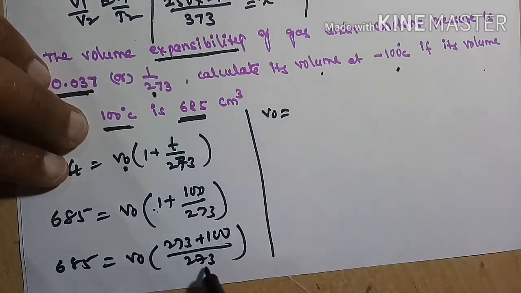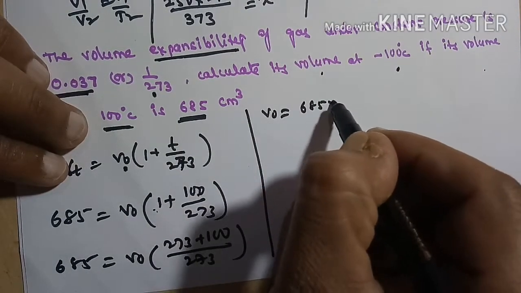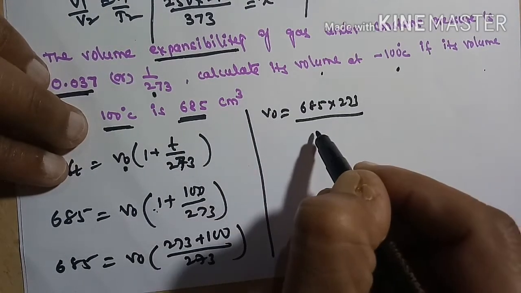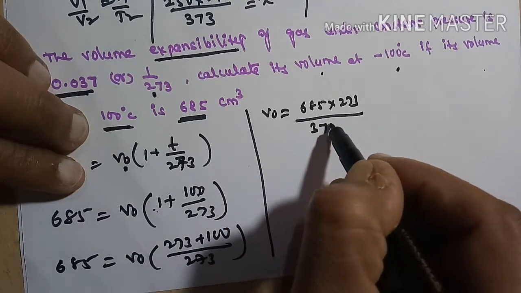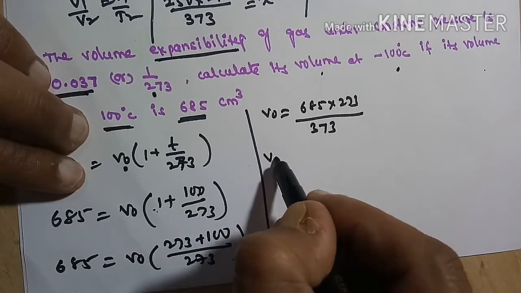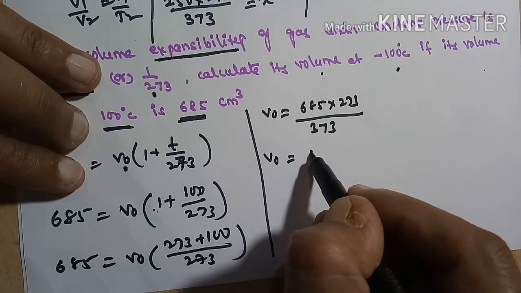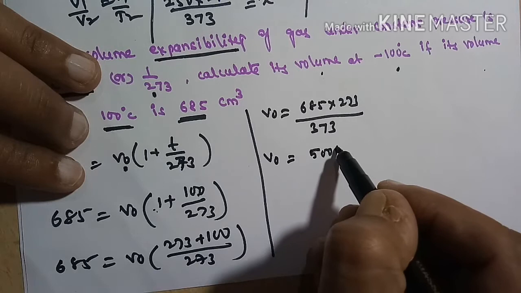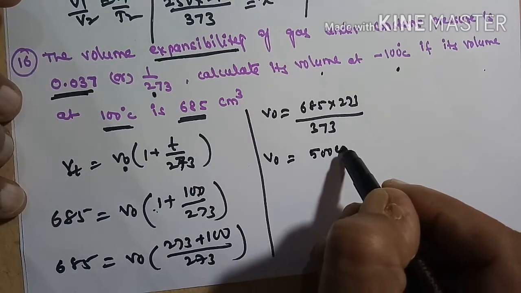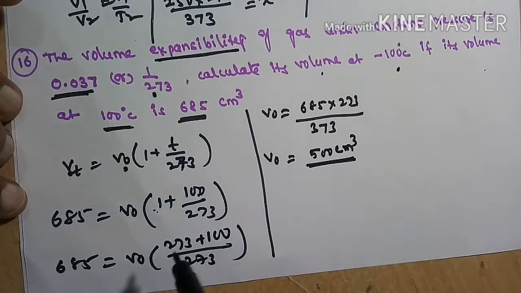So V0 is equal to 685 into 273 divided by 373. If you multiply, you will get V0 as 500 cc, 500 cubic centimeters.